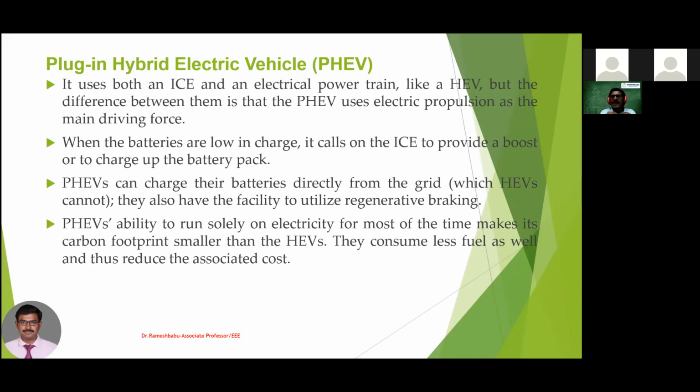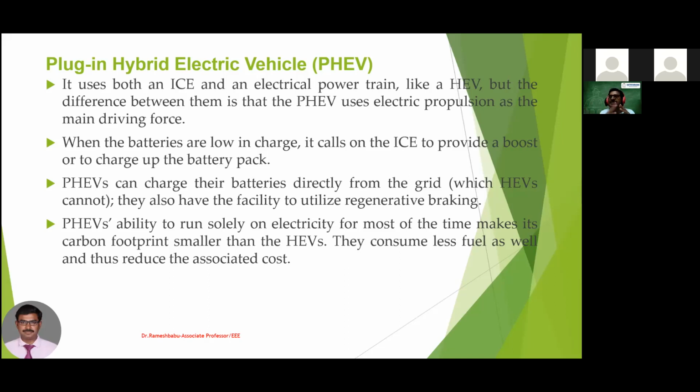But here, the main source is the electrical propulsion system. The IC engine is called upon once the demand is more. In the previous case, the hybrid electric vehicle system, mechanical propulsion is the main source and electrical propulsion is the additional one. Here, electrical propulsion is the main source and mechanical propulsion is the additional one, because the battery can charge with the help of the grid also.